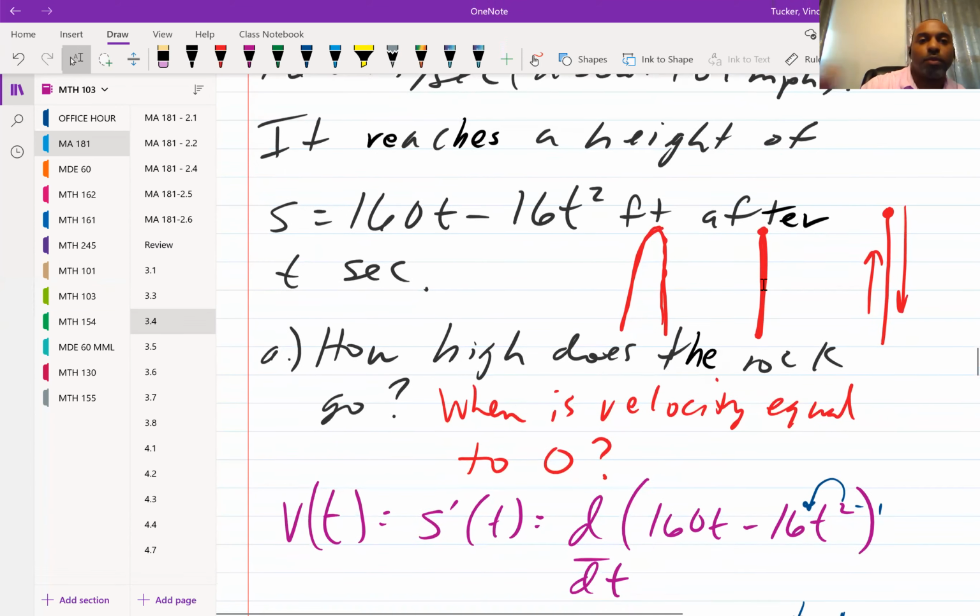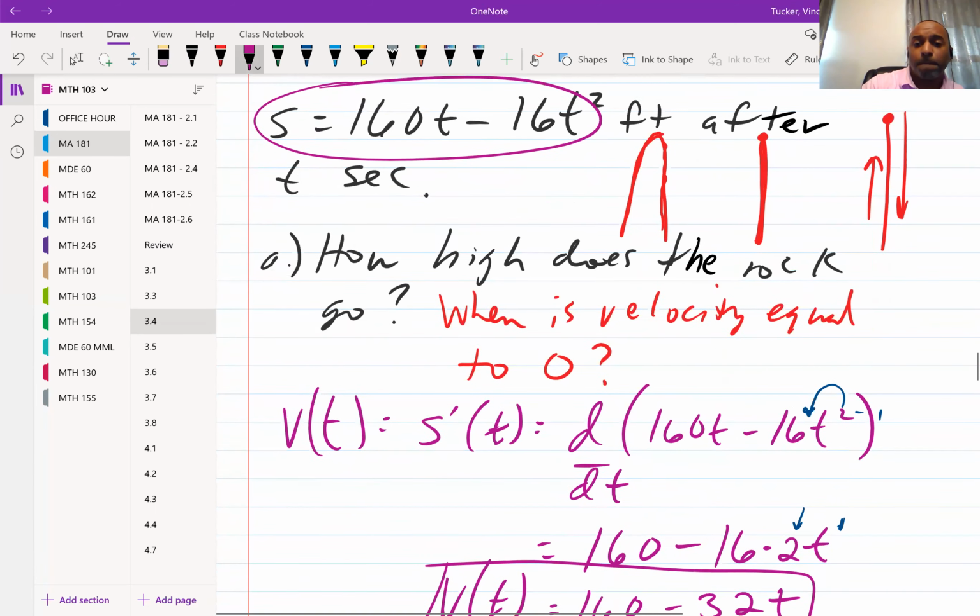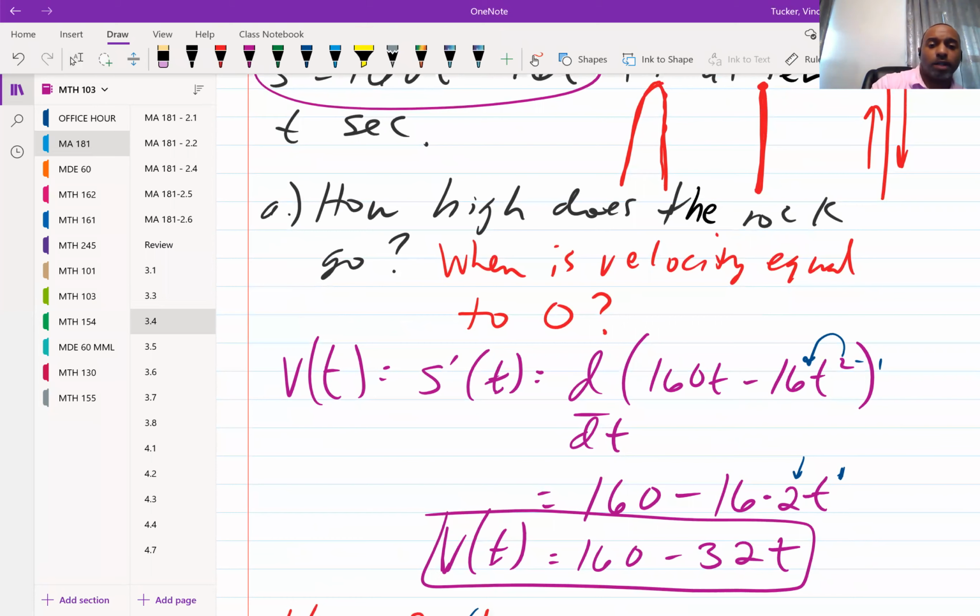Any problems with that before we go ahead and do the work? So remember, velocity is the derivative of your position. And they gave us this equation, that our position is 160t minus 16t squared. So we need to take the derivative of that, and that's what we're doing right here.